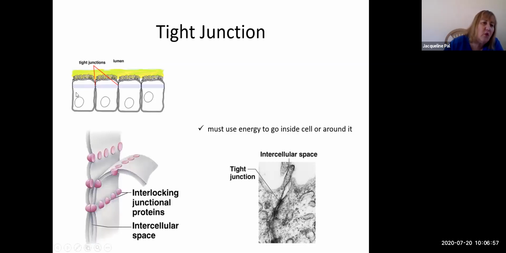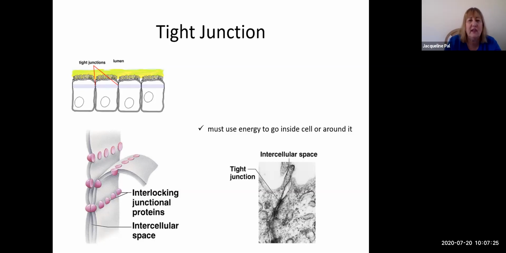And so the way it works is this is the plasma membrane of one cell. It has an integral protein. This is the plasma membrane of the other cell. It also has an integral protein, and then the two proteins lock with each other. As you can see, this example is showing 3 layers of these interlocking proteins, and there could be half a dozen, there could be 20.